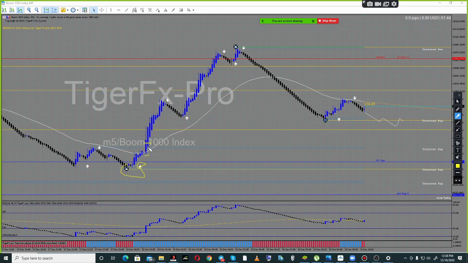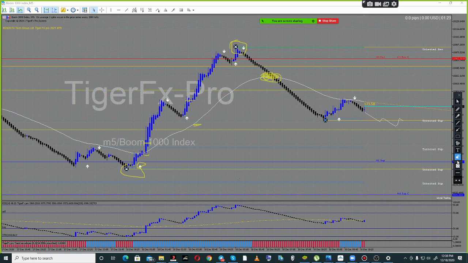You put your stop loss here, and then you keep on doing the same thing. Another signal is here. The next bar, you enter, you put your stop loss here, until it changes direction on you. If you have a signal like this and there's no crossing of the 50, you don't enter. You must wait until the 50 has been crossed.